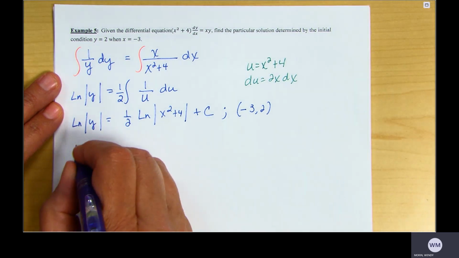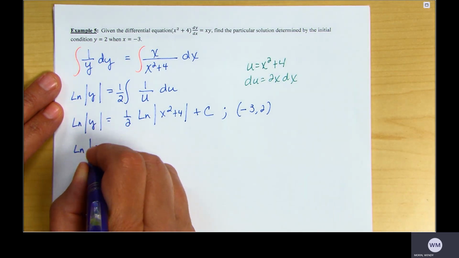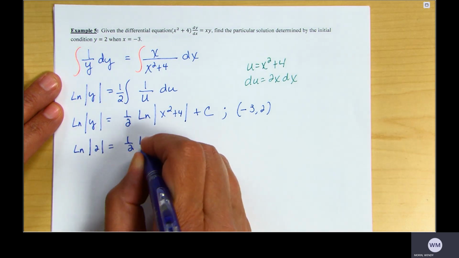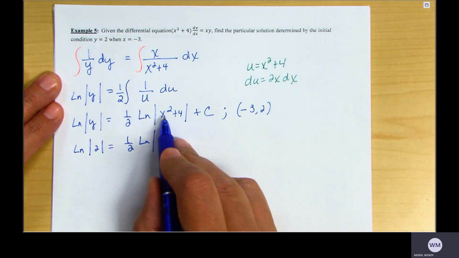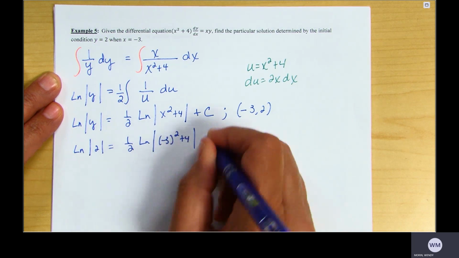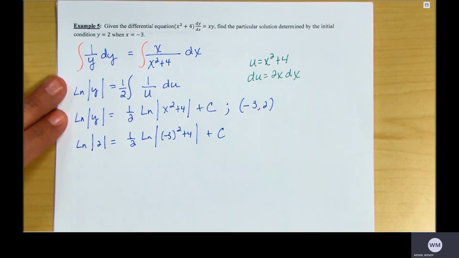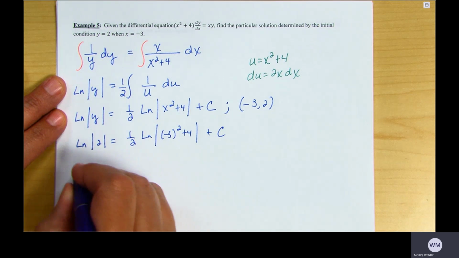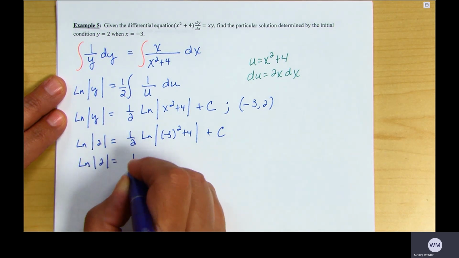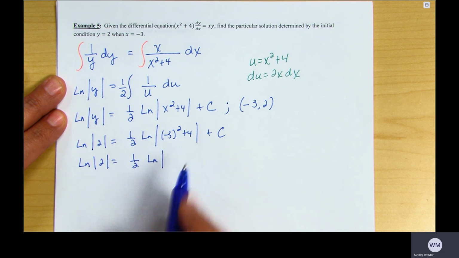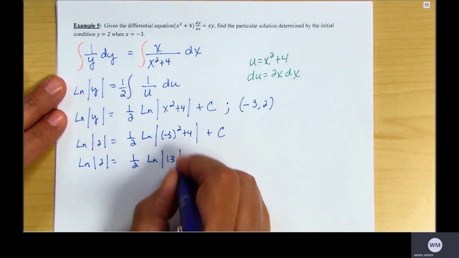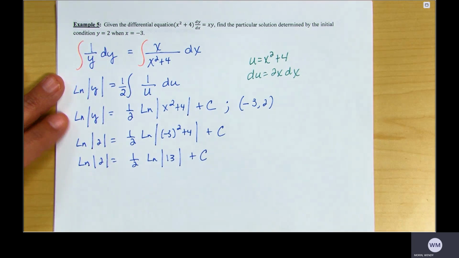Okay, so the natural log of the absolute value of 2 equals 1/2 the natural log of our x squared plus 4. The natural log of 2 equals 1/2 the natural log of, what is this, 13? Trying to solve for c.